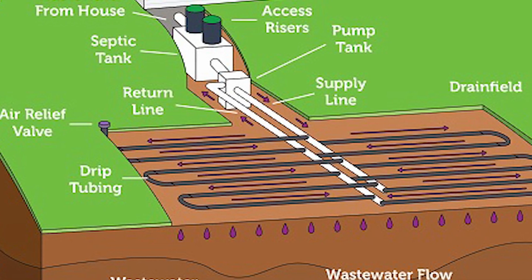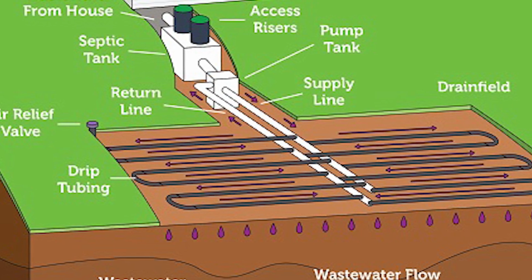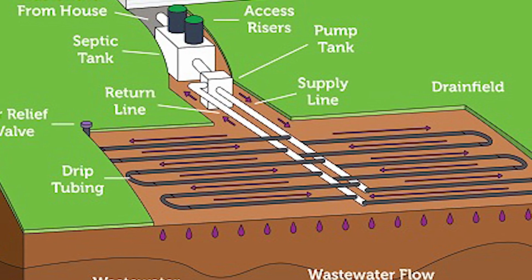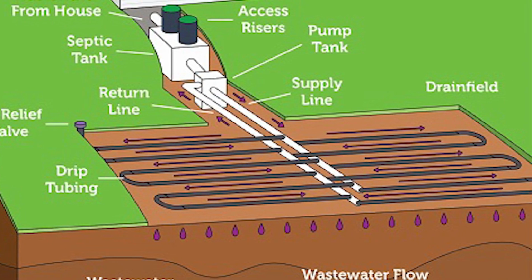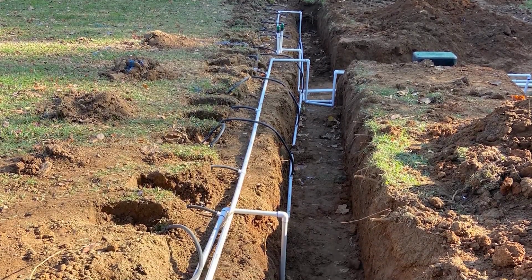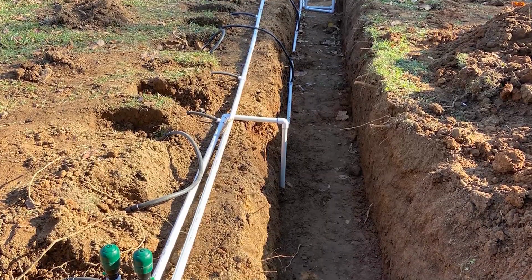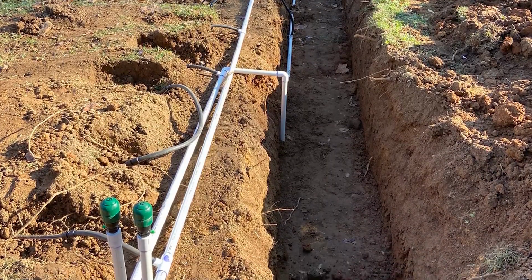Drip dispersal utilizes a pressurized network of proprietary drip tubing that is embedded with tiny orifices called drip emitters. In most applications, the drip tubing is installed at the root zone, 8 to 10 inches below the natural ground surface and separated by 18 to 24 inches.